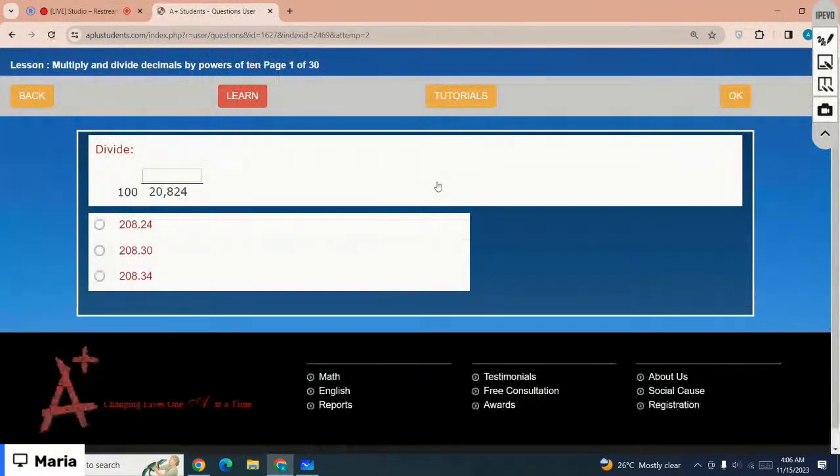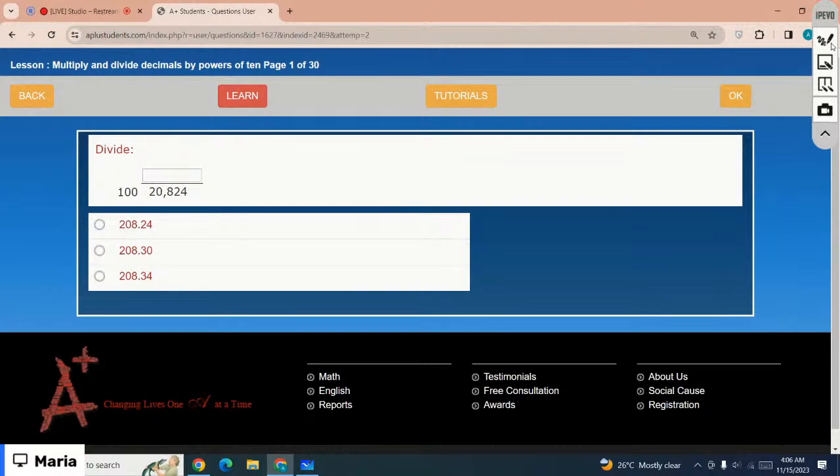Okay, the first one is divide 20,824 divided by 100. You don't need to divide actually, right? You just have to follow the rules. So the rule is 100 has two zeros, right? That means you're dividing, so you need to move the decimal two places left, right?